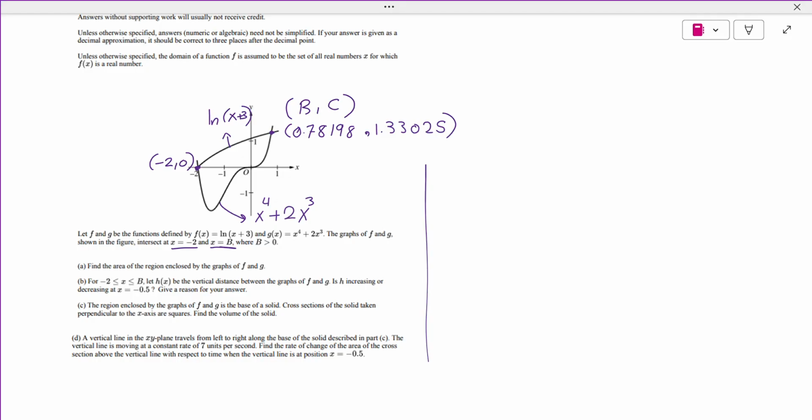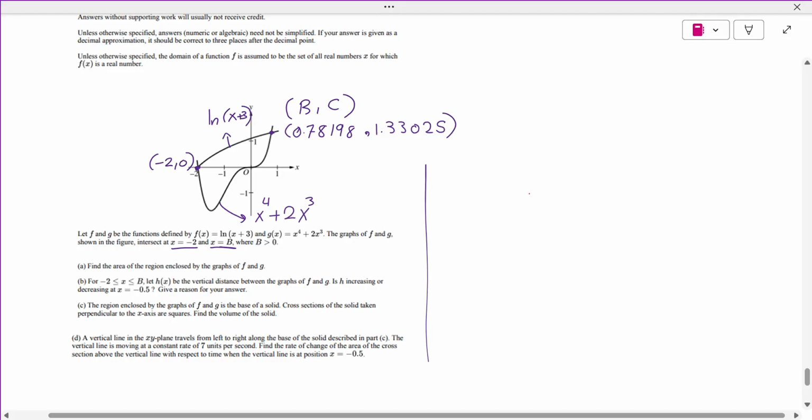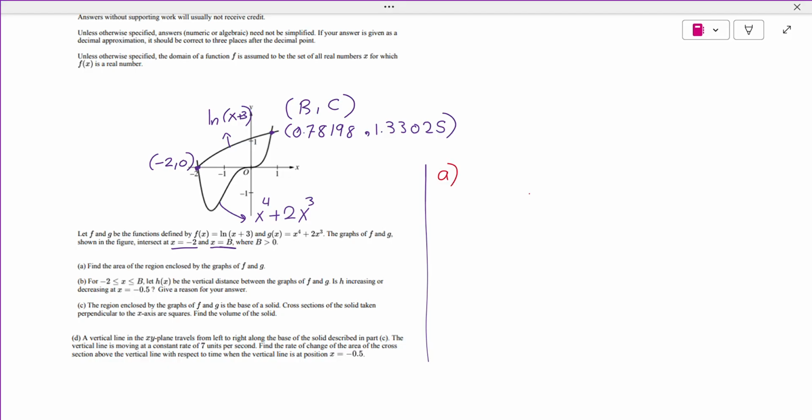Let's start doing the question now. The first part, to find the area, you will find the integral from -2 all the way to b, which is the x value we just found, of the upper, which is ln of x plus 3, minus the lower function, x raised to 4 plus 2x raised to 3, dx.